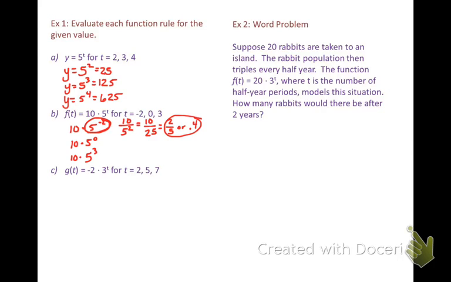All right. Tell me about 5 to the 0 power. 1. Equals 1. Very good for remembering all the stuff you've learned from last chapters. So it's 10 times 1. 10 times 1 is what? 10. Now 10 times 5 cubed.